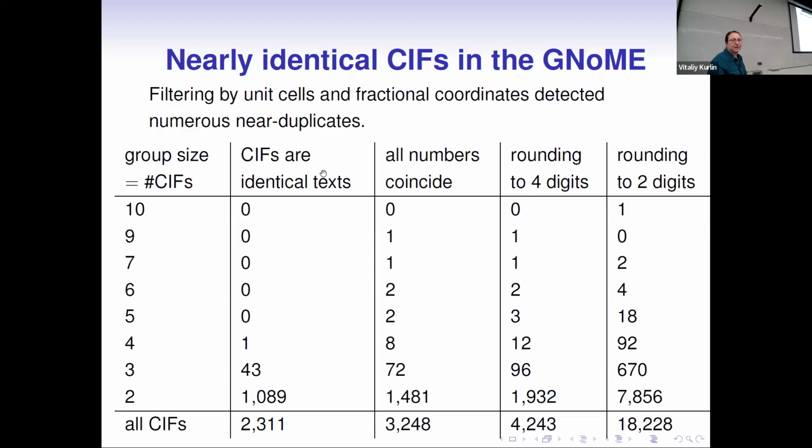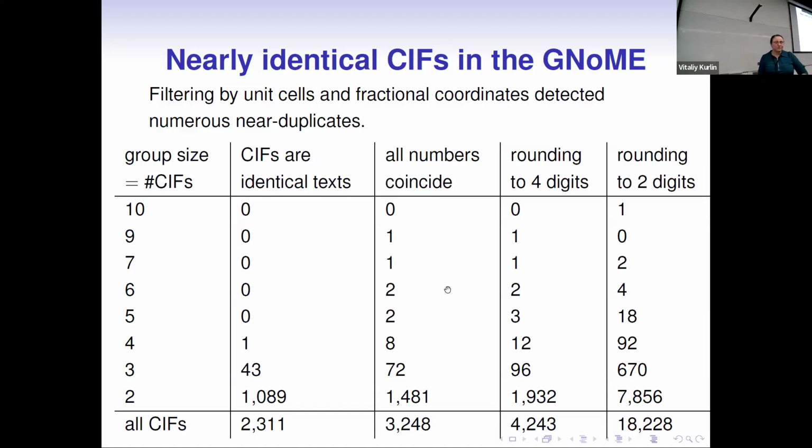Firstly, some of the CIFs were just identical texts. Secondly, if we do not compare the texts, we just compare the numbers, the number of coincidences grows.